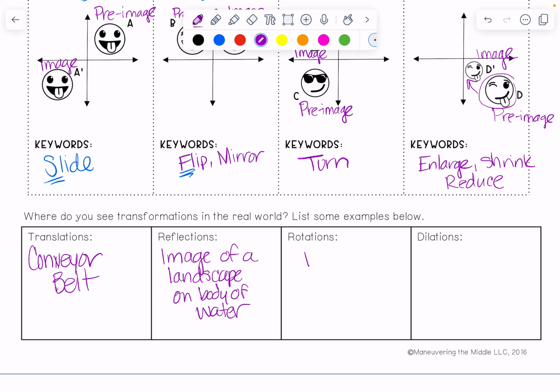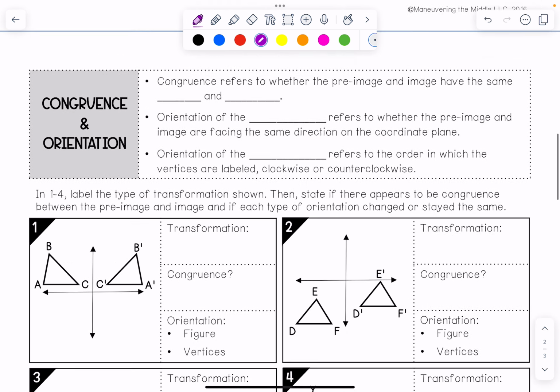A real-life example of a rotation would be a wheel, and a dilation could be when you get your pupils dilated at the eye doctor. Again, these are just a couple of examples.